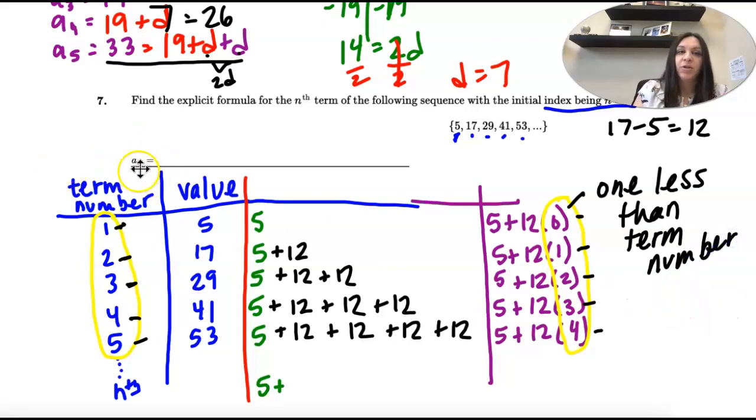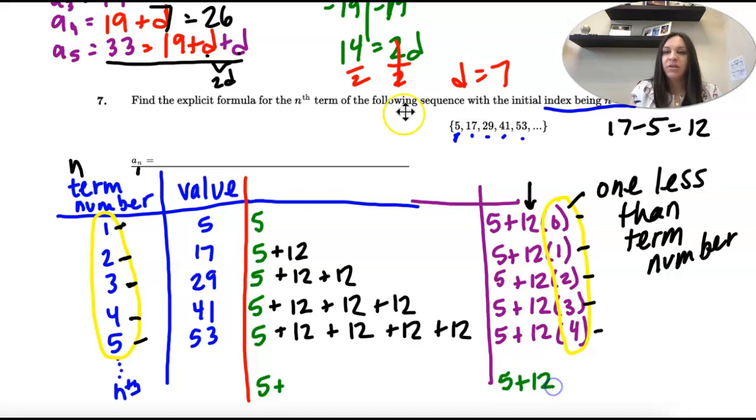Okay, well our term number is n, so I'm going to call this n. But this 12 is always there. So that's going to be part of our formula. We always have the 5, and we always have the 12. And then this number is n minus 1.